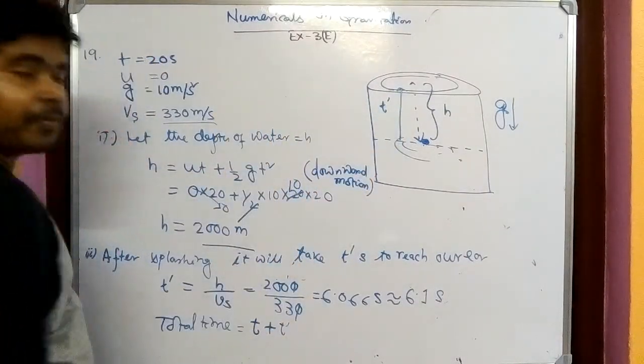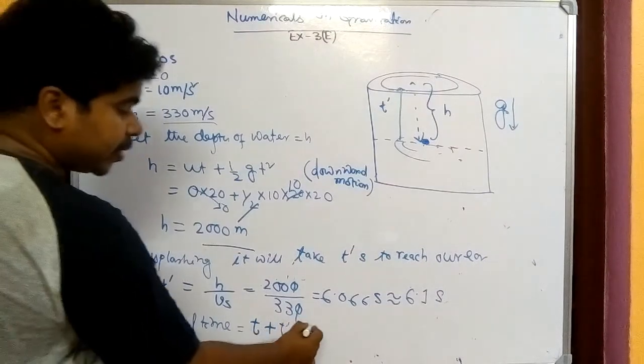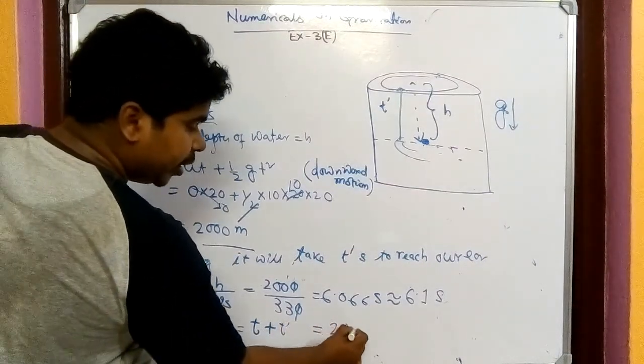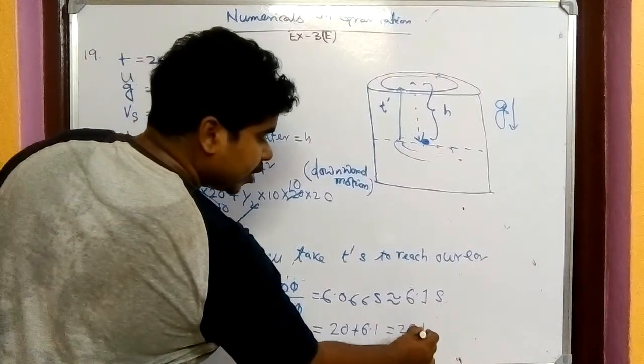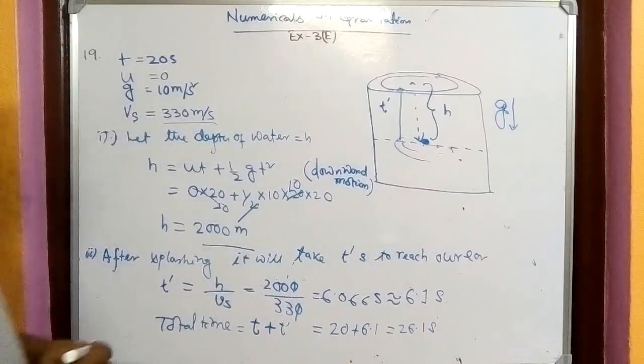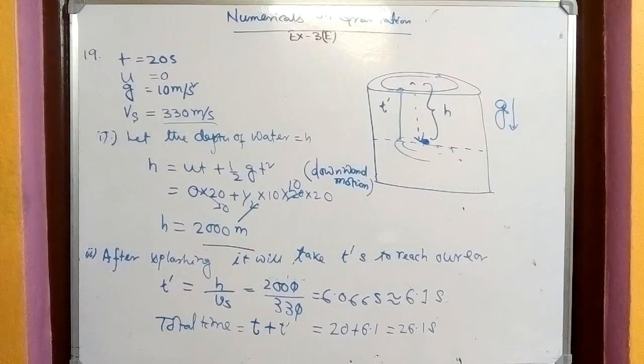So total time should be t plus t dash, that is 20 plus 6.1, so it is 26.1 seconds after throwing, and then it will reach your ear. In total it will take 26.1 seconds.